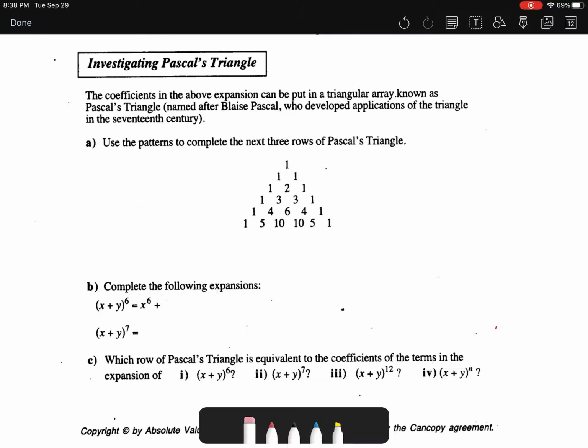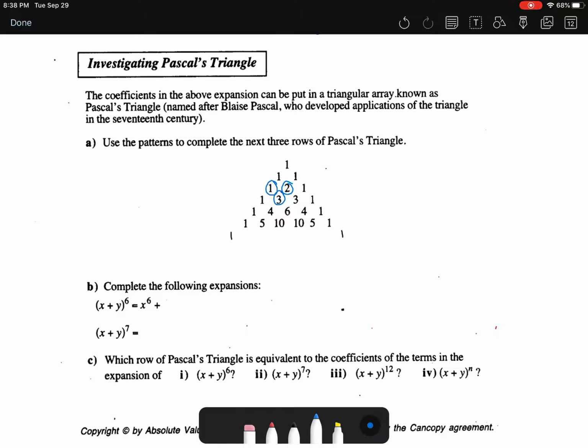So now taking a look at Pascal's triangle, it says the coefficients in the above expansion can be put in a triangular array known as Pascal's triangle, named after Blaise Pascal, who developed applications of the triangle in the 17th century. Use the patterns to complete the next 3 rows of Pascal's triangle. Like I had mentioned on the previous page, each row begins with 1 on the outside, and then to find any term, I add the 2 diagonal values above it.